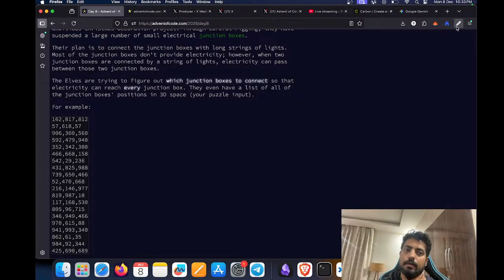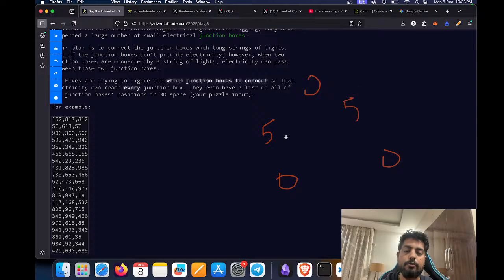For example, if there are three elements, 1, 2 and 3. Let's say the distance between these two is 5, and similarly the distance between these two is 5. Then which one are we going to choose? Here the 5 is actually 1, 2, 2, and here the 5 is actually 1, 1, 3.